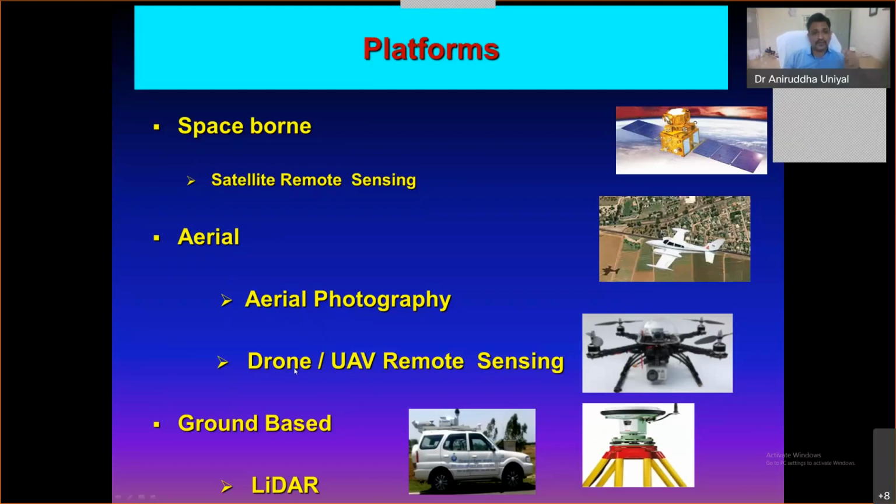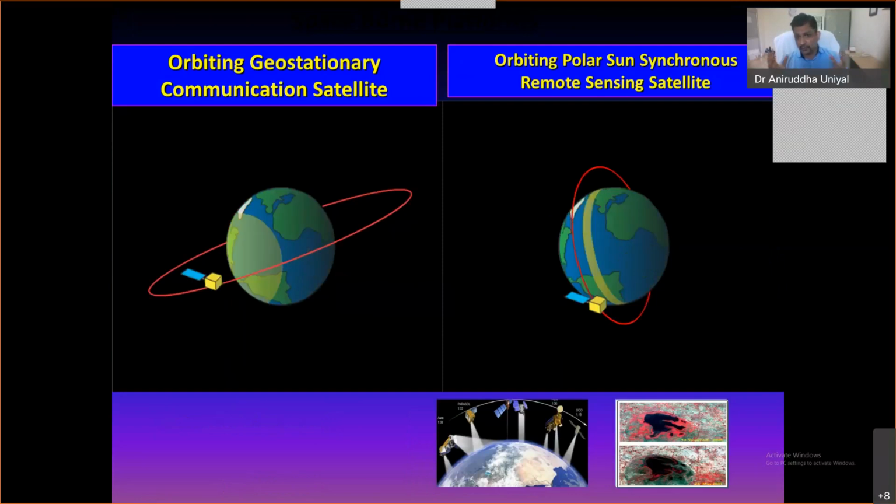So now these were the platforms, and these are the two major types of satellites. There is another category of satellites called defense satellites. I would not be discussing them. So on my left side is a geosynchronous satellite, which is placed at an orbit about 36,000 kilometers above the surface of Earth, and its weight varies between 2.5 tons to 4 tons.